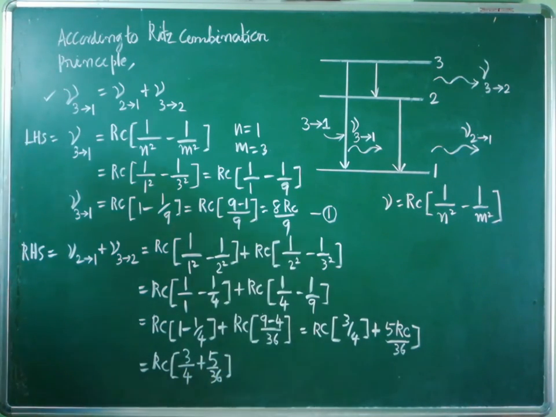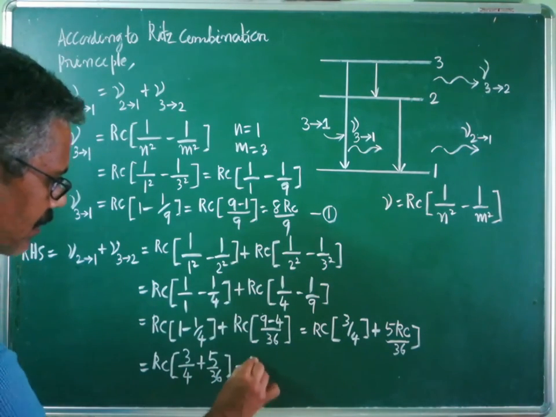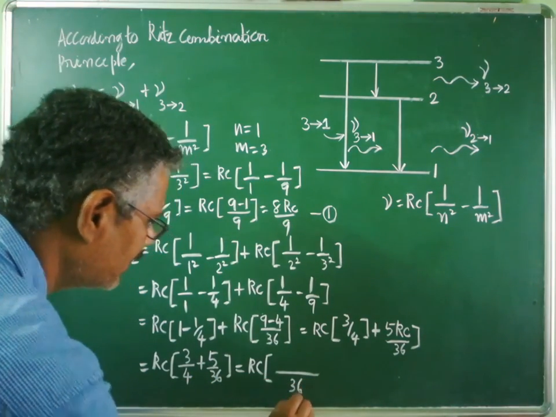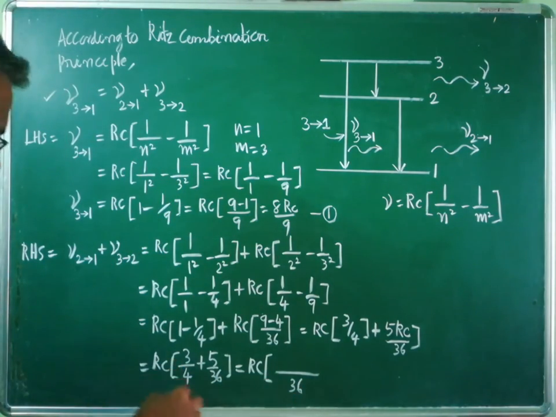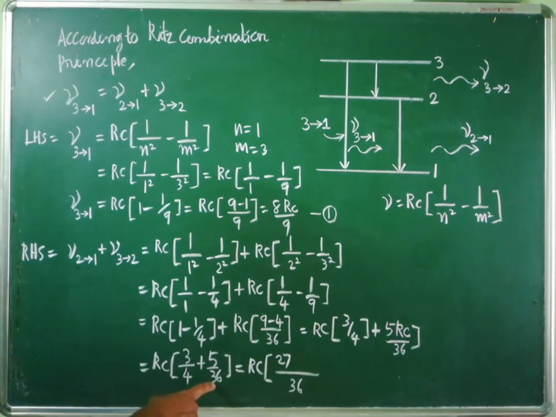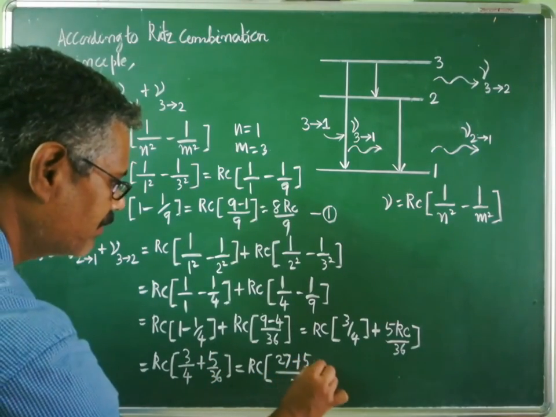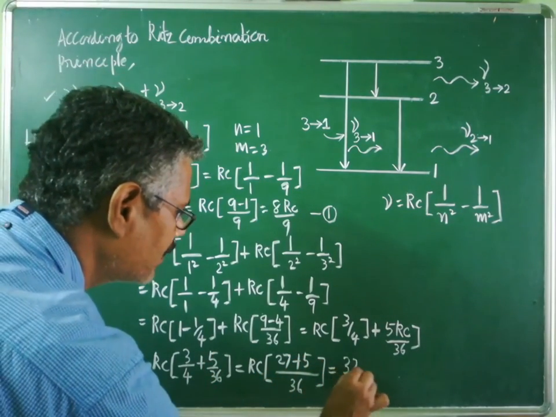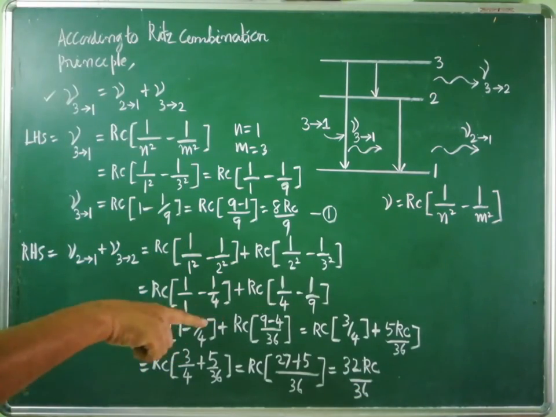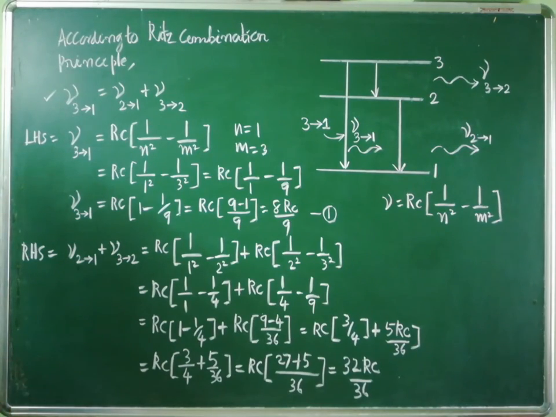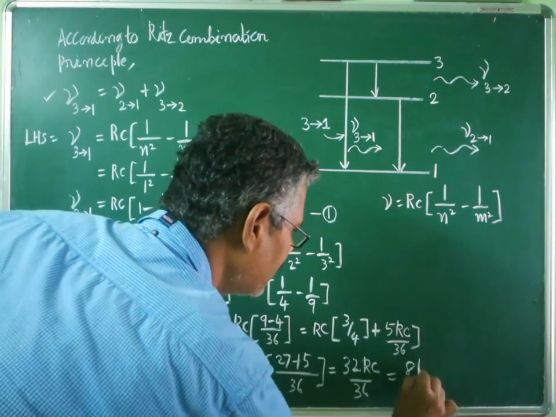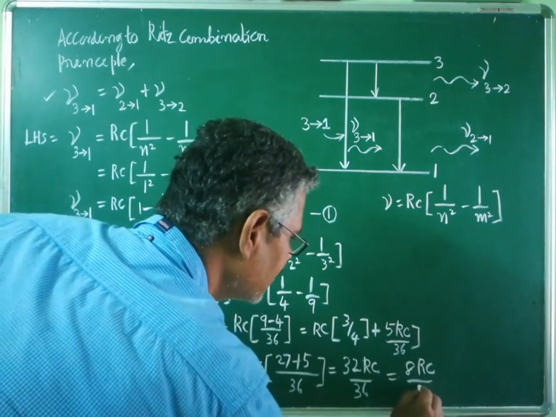Take the LCM again: 36 is written at the bottom, 9 into 3 is 27, plus 5. So finally you get 32 RC divided by 36. After cancelling the common factors and simplifying, you get 8 RC: 8 into 4 is 32, and 9 into 4 is 36, therefore 8 RC by 9.